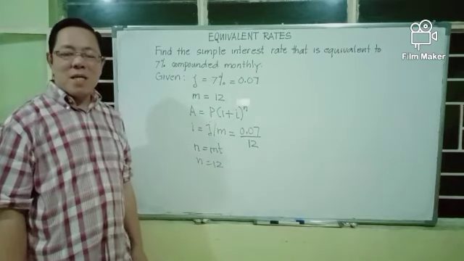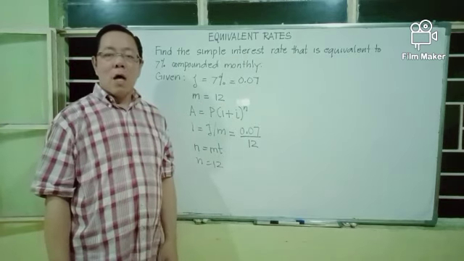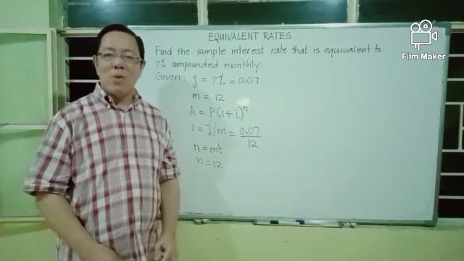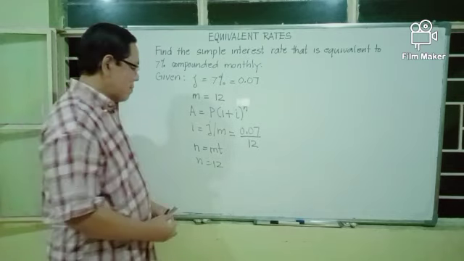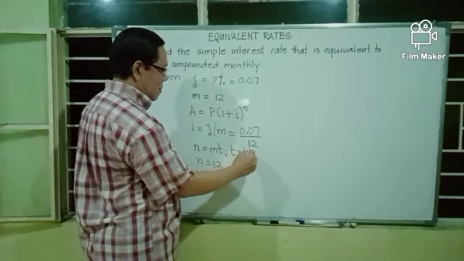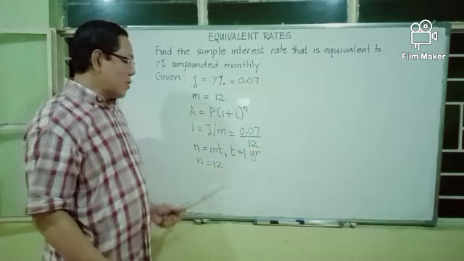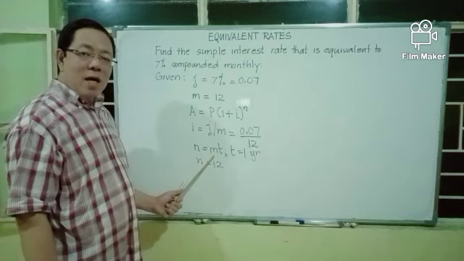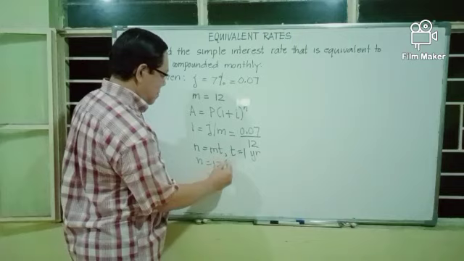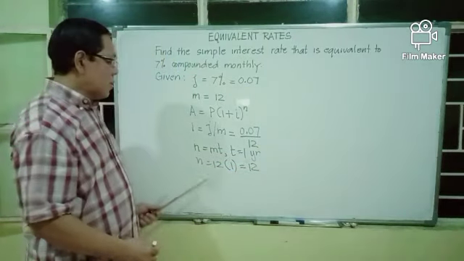Again, if the time T is not given, in problems involving equivalent rates, you let T be equal to 1 year. Thus, if T is equal to 1, N equals M, 12, multiplied by T, 1, and N is equal to 12.